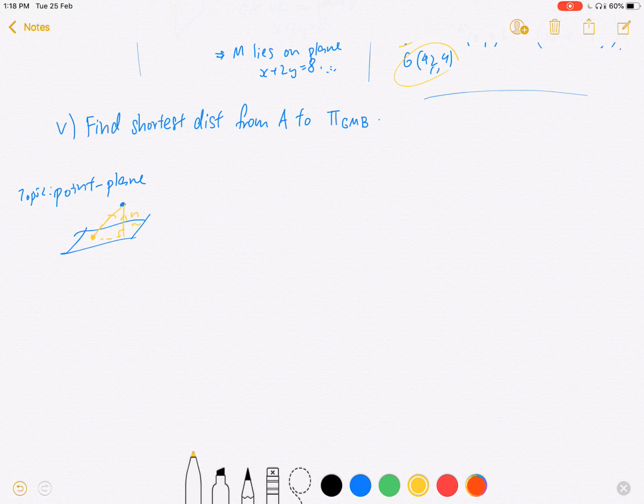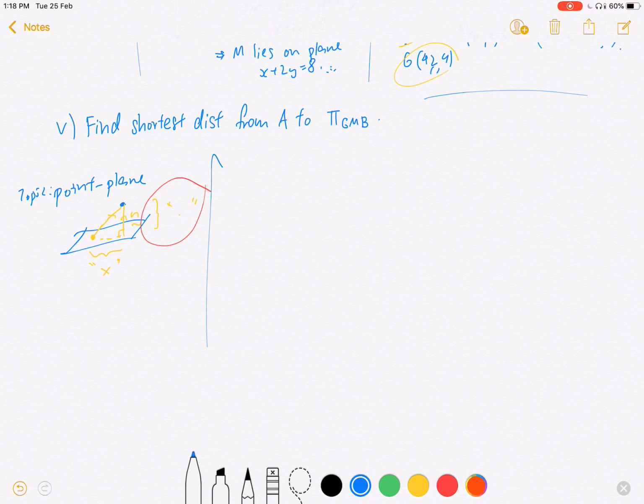And you realize that this one is your cross. This one is your dot. Which one are we interested in? Shortest distance. This one, the dot. Okay, so that's our strategy. Let's implement it.